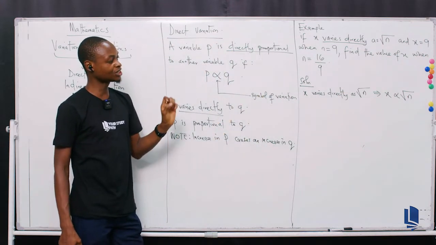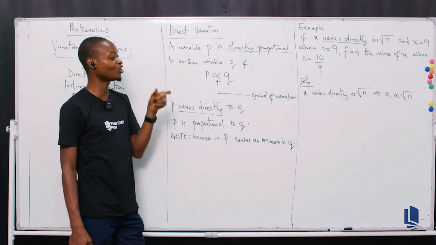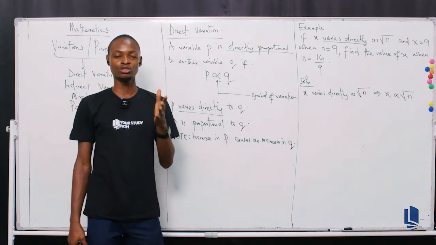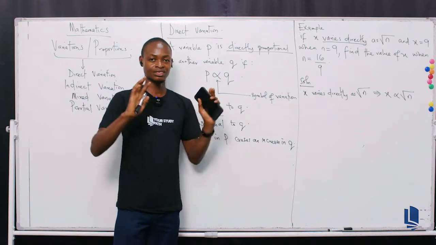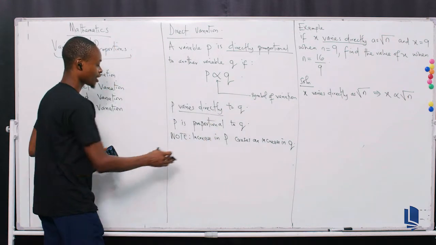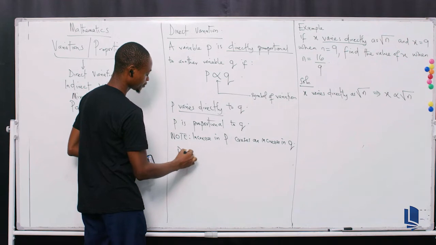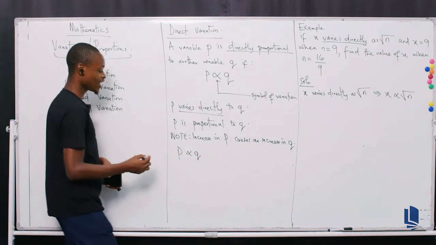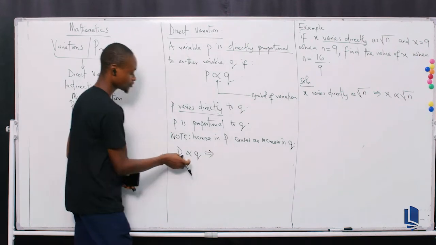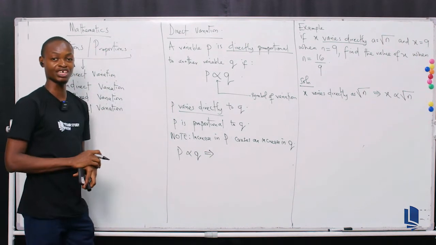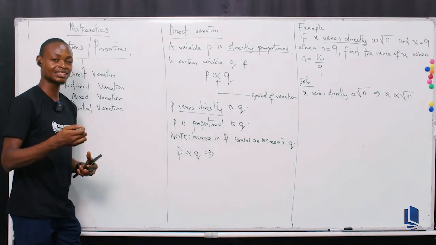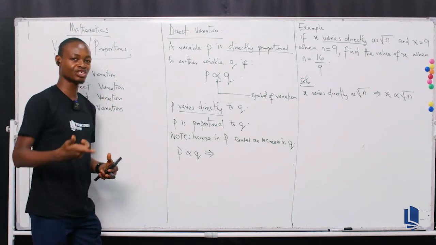It therefore follows that we would have to convert the symbol of variation into a mathematical equation symbol. Now, how do you do that? Very simple. If you have that P alpha Q, that means P is directly proportional to Q. Whenever you decide to replace this symbol of variation, it is replaced with an equal to sign and a constant of variation.